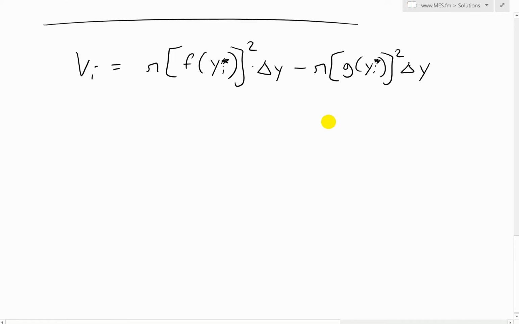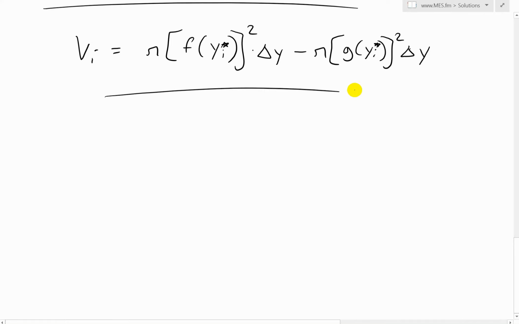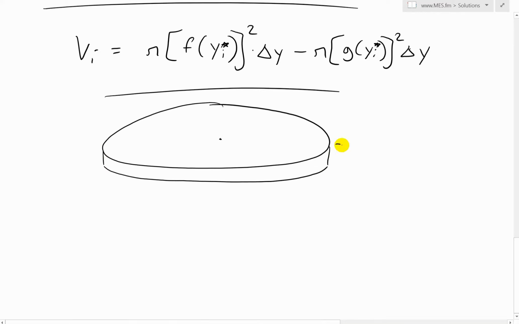Before I get to that, the reason we have this is that if you look at the big circle, let's draw it in 3D like that. This has a delta y, and the distance from here to here is our f of yi star.